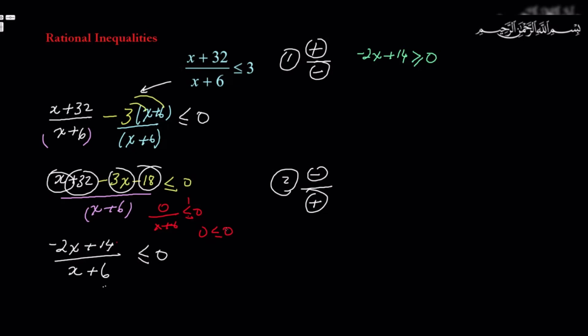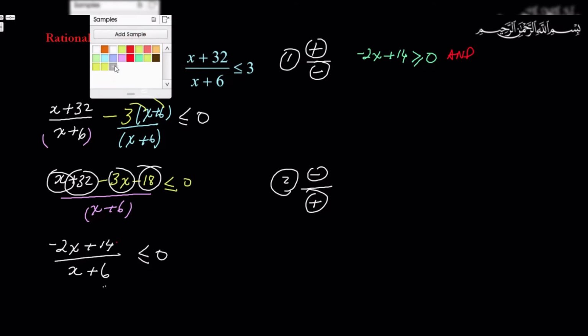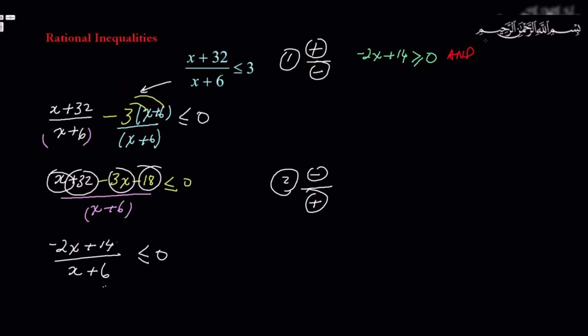So the numerator can be 0, so I can write this expression with an equal sign along with it. So the numerator being positive, another way of writing that is minus 2x plus 14 is greater than or equal to 0, and at the same time the denominator must be negative. So I'll write that over here, and that's x plus 6 must be less than 0.